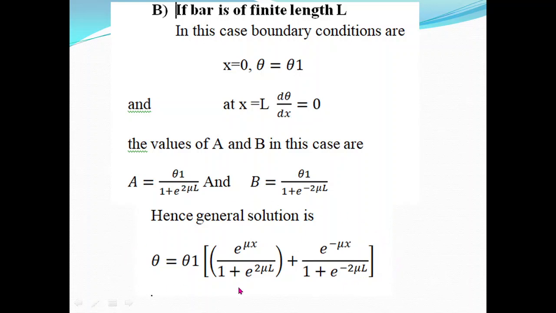This is the equation which indicates the heat conducted along the rectilinear bar at a distance x under steady state. So we have considered the heat conduction, or rectilinear propagation of heat, along a rectangular bar.